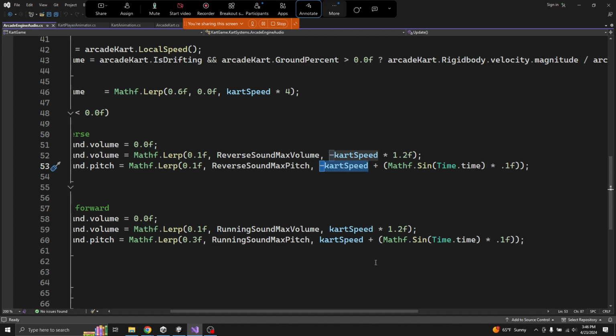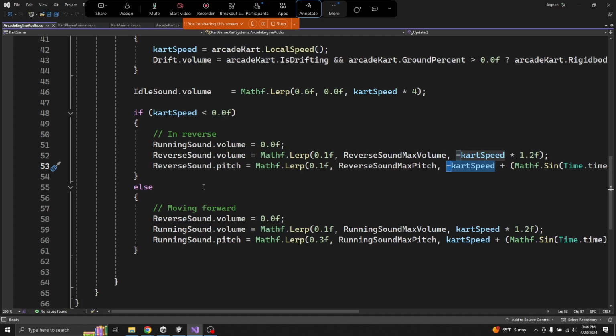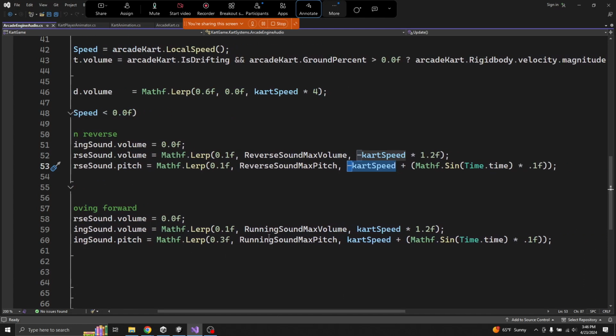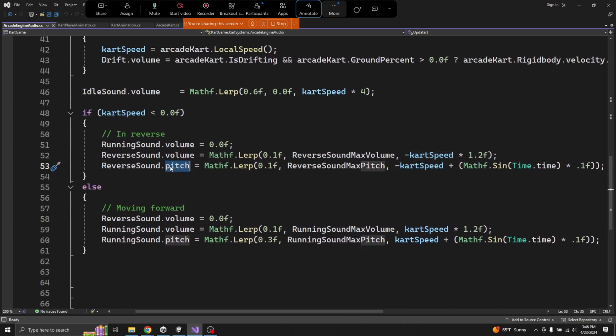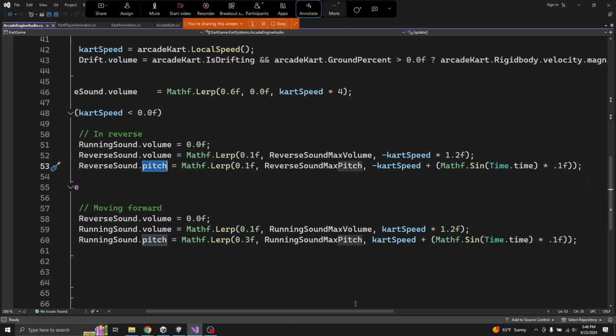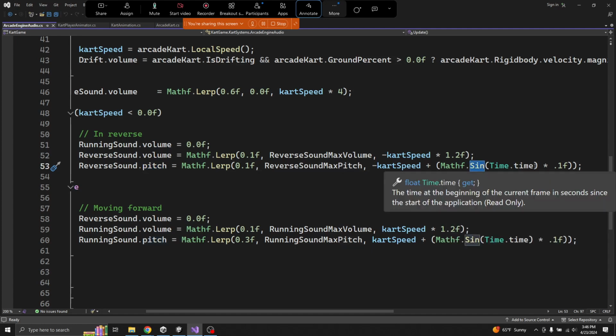That's what's making the pitch oscillate as you're reversing. And moving forward, it's much the same as I can see here. So the interesting thing here is how it's oscillating the pitch to make that engine fluttering, oscillating noise, and it's doing it here with the sine wave.